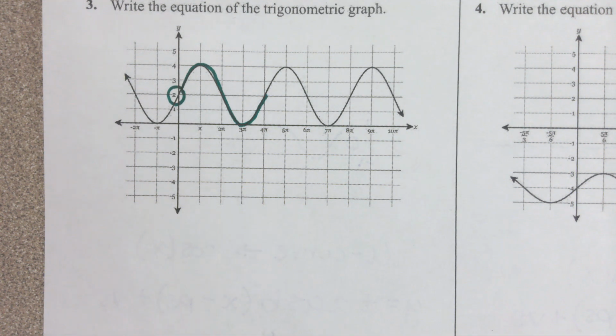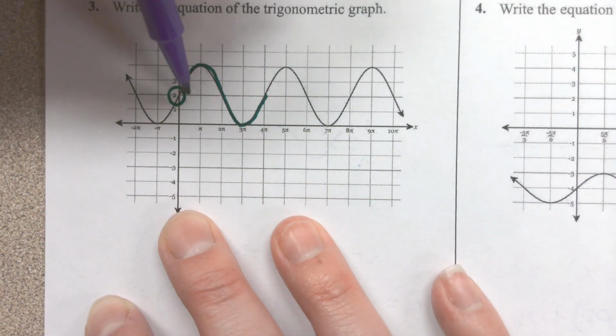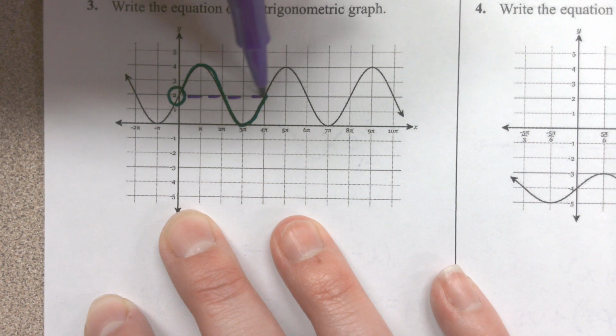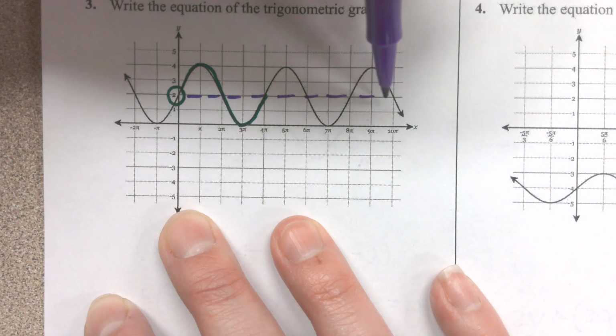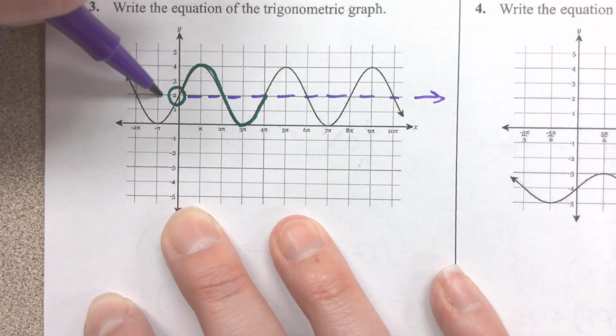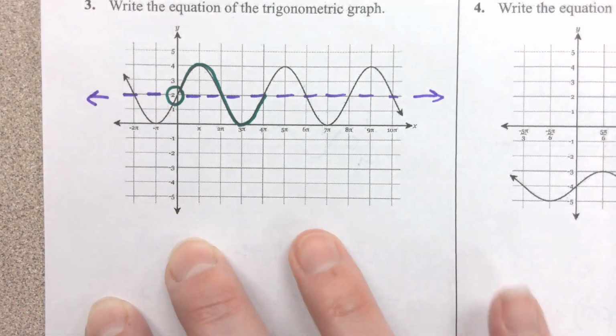In doing this, I've already identified where the midline is, where the middle of the points are. It's going to be at 2, which is also, kind of spoiling this, our vertical shift. All of these things connect together.